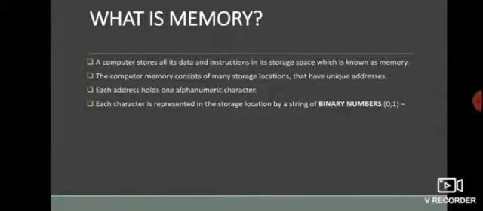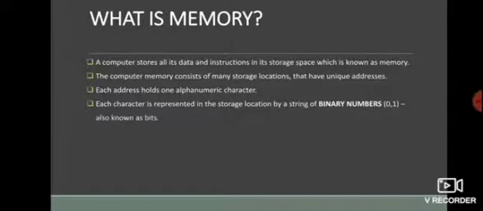For example, I have made one Word document and I am saving that document with the name letter. So the letter is the name given by the user only, but the computer can't understand that name. So that name is converted into binary numbers, that is 0 and 1, through the operating system in the memory.